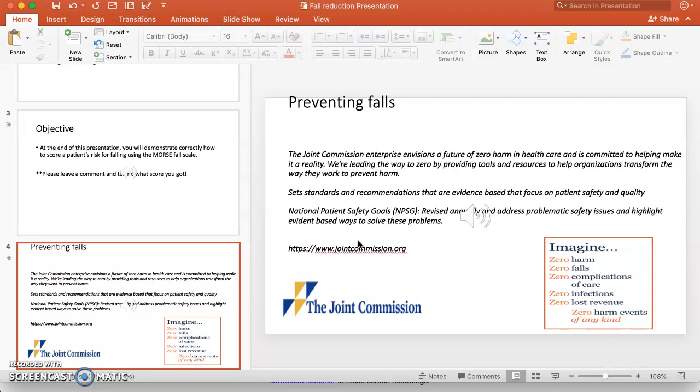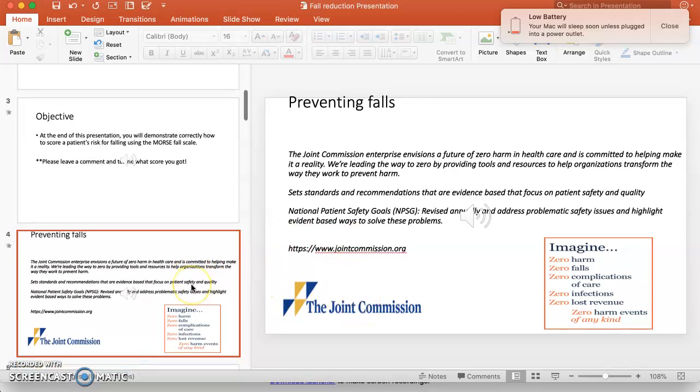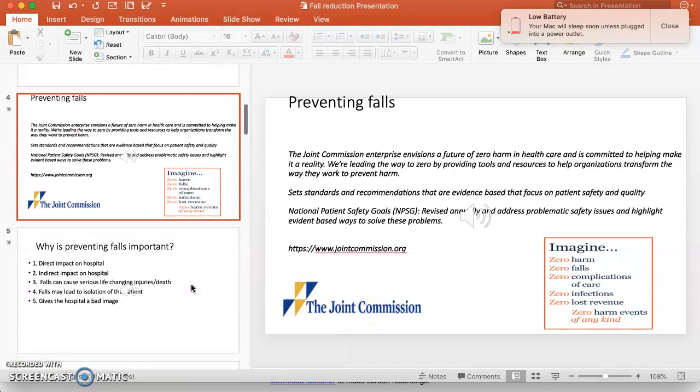So they recommended that every acute care facility adopt a falls reduction program, and they're free to use any scale that they want. I am actually going to talk about the Morse fall scale because it has been proven in literature to be a valuable tool to help prevent patient falls.